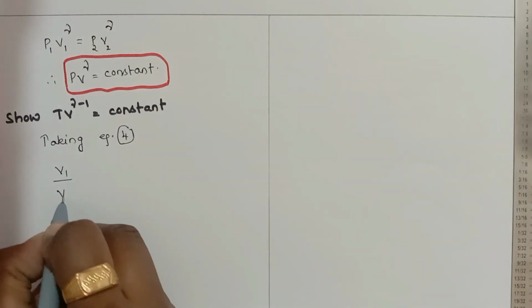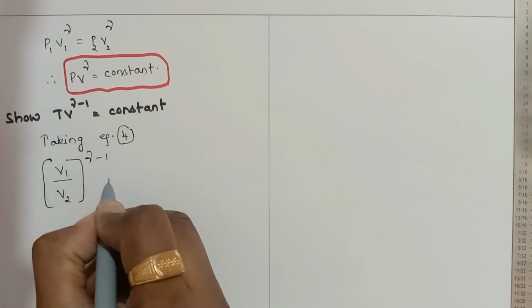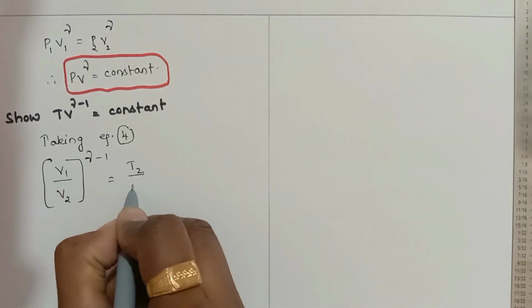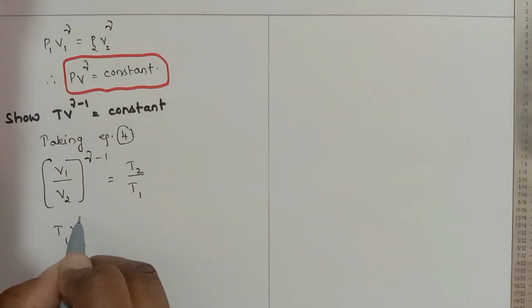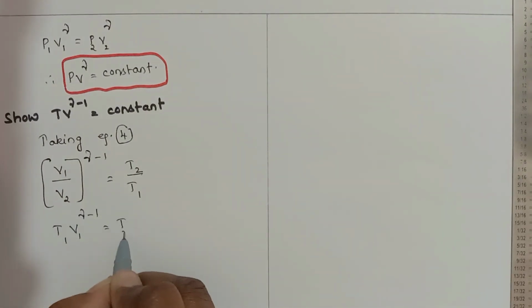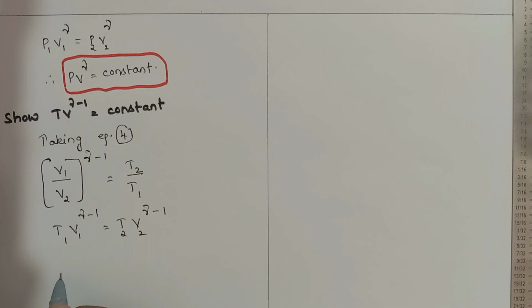V1 by V2 to the power gamma minus 1 is equal to T2 by T1. Here you do cross multiplication, students: T1 V1 to the power gamma minus 1 is equal to T2 V2 to the power gamma minus 1. This can be written as TV to the power gamma minus 1 is equal to constant. Therefore, TV to the power gamma minus 1 is equal to constant. Put it in a box.